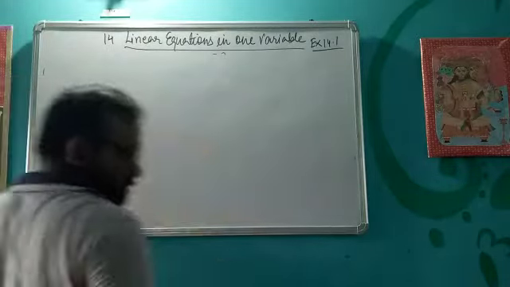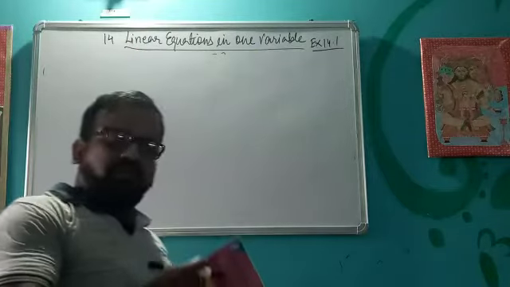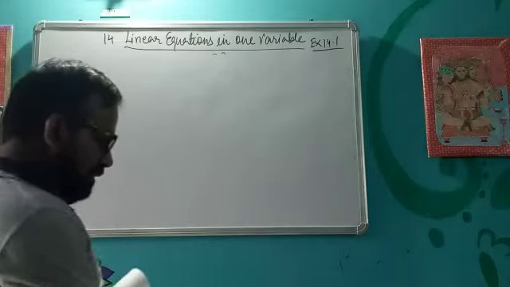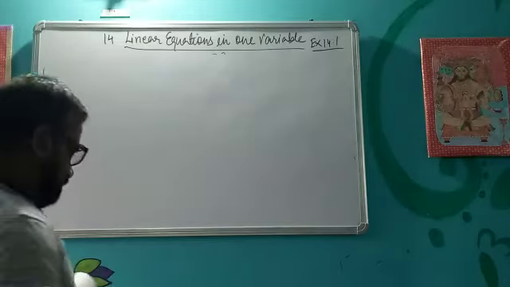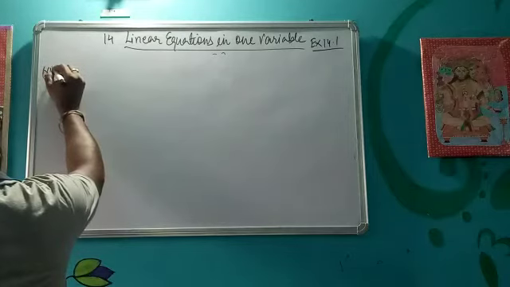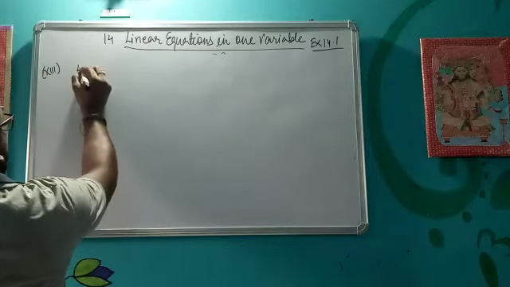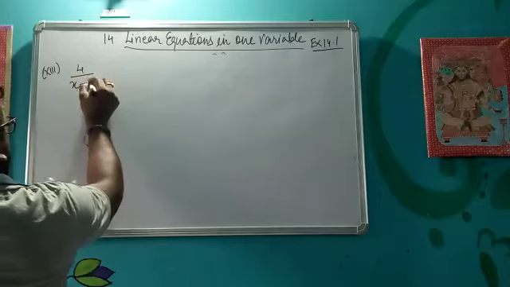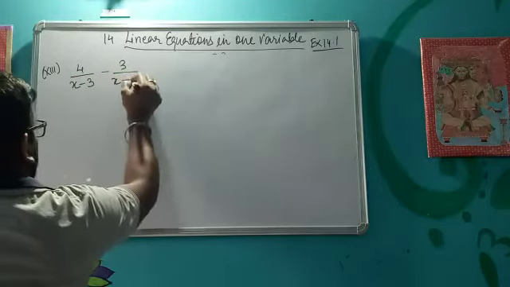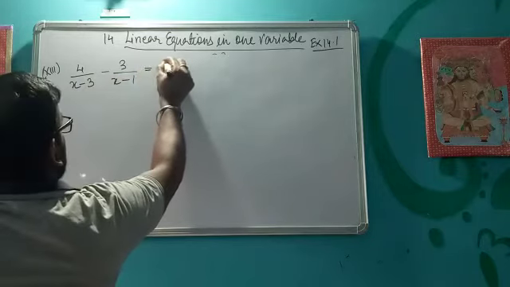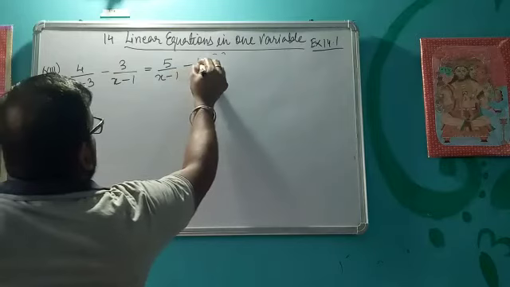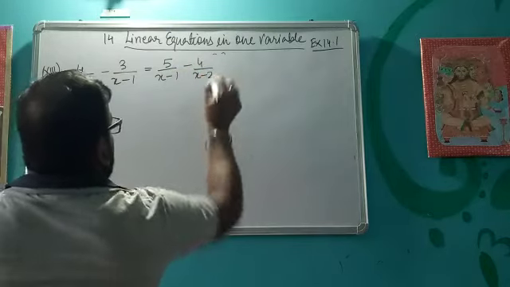We have to reduce any form of equation which is given into the linear form or the single equation form. So for example, let's see one more question. 4 upon x minus 3 minus 3 upon x minus 1 is equal to 5 upon x minus 1 minus 4 upon x minus 2.